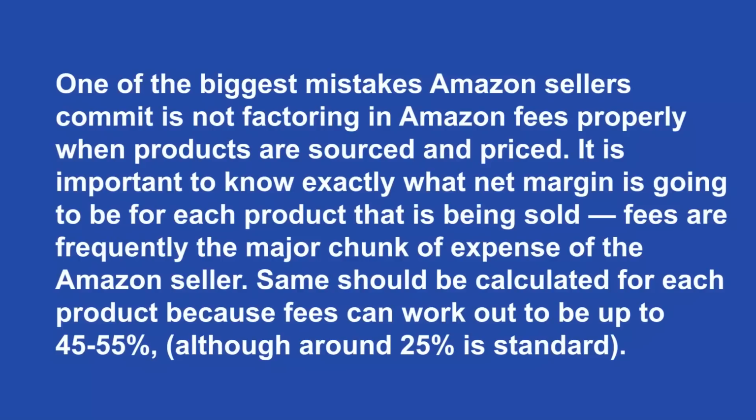It's important to know exactly what net margin is going to be for each product that is being sold. Fees are frequently the major chunk of expense for the Amazon seller. They should be calculated for each product, because fees can work out to be up to 45 to 55%, although around 25% is standard.